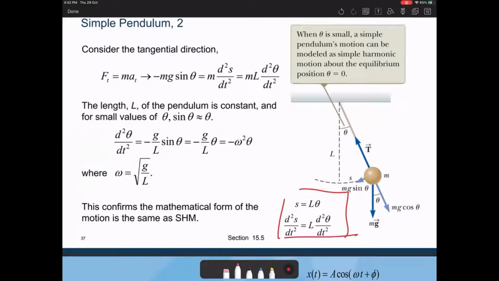So this is a very important assumption: theta is small. Then s is basically equal to L theta, and the second order derivative of s with respect to t is equal to L times the second order derivative of theta with respect to t. So that is why you have the equation at the top.